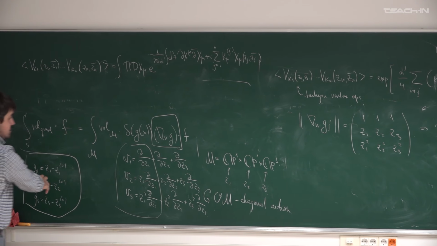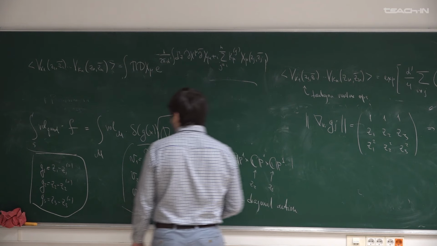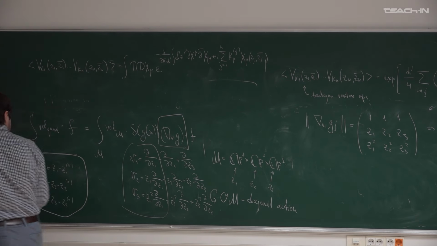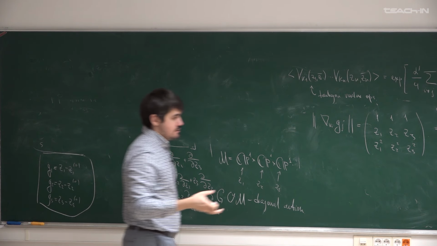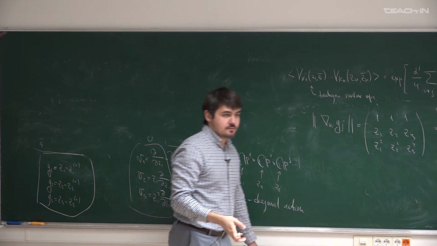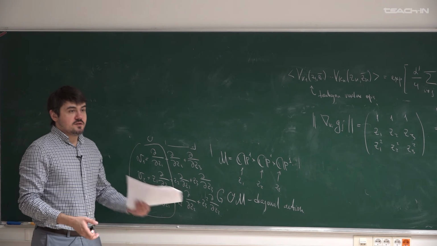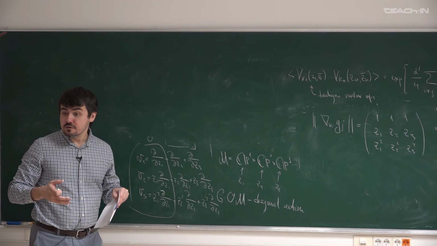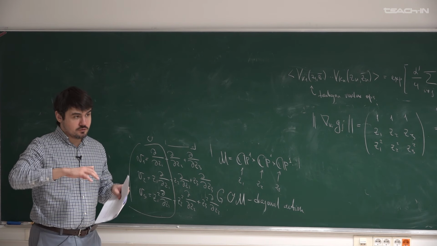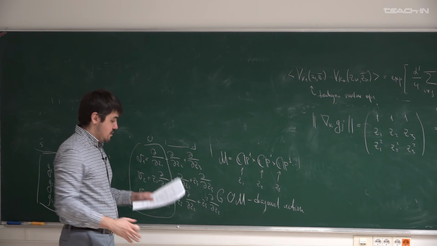This sits inside CP1 cross CP1 cross CP1. So morally speaking, the amplitude is just the correlation function of integrated vertex operators. But that in itself is infinite, diverges. So we have to actually say that instead of integrating over the whole space, we integrate over the quotient. And integrating over the quotient is tantamount to integrating over the section that represents that quotient.